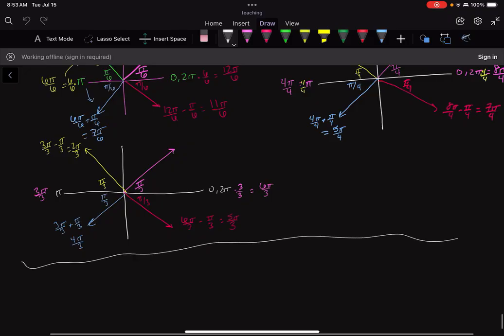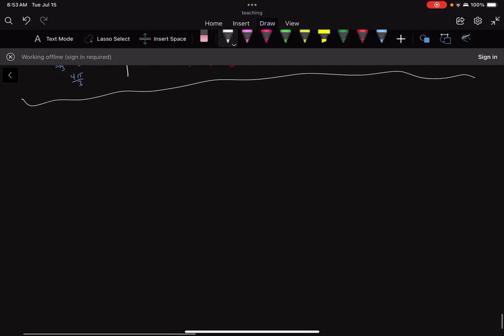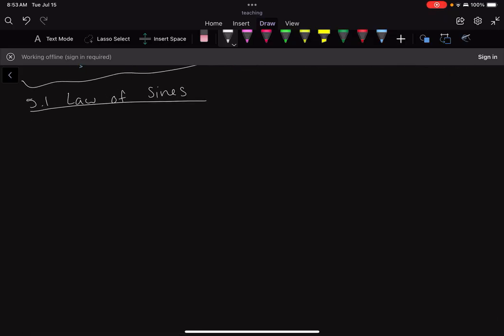So our first section that we'll be doing is 5.1, and this is law of sines. The point of 5.1 and also 5.2 is how do we solve triangles that do not have a right angle.